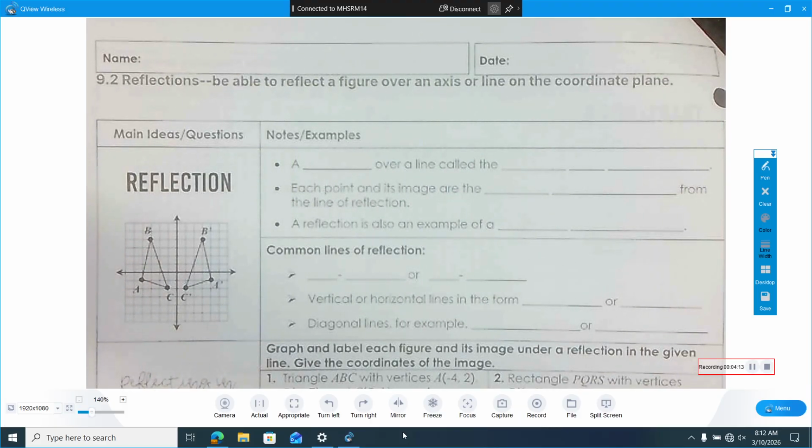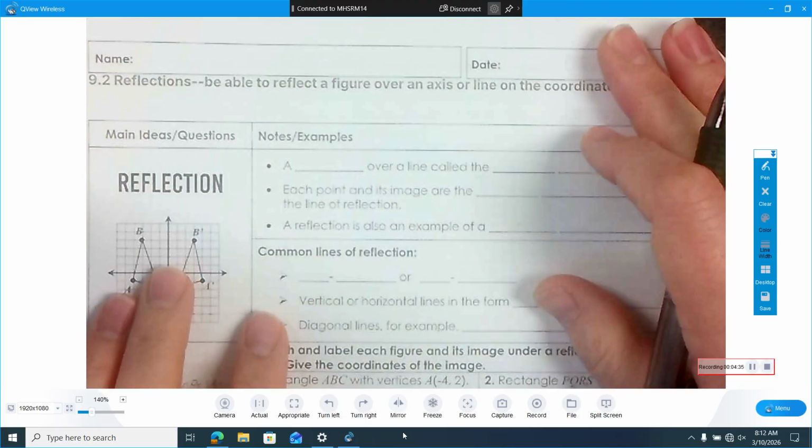Rigid means the shape that we start with is the same as the shape that we end with, okay? They start one size, they end the exact same size. There's nothing different about the shape, okay? All we're doing is maybe sliding it right and down, or maybe reflecting it across an axis, like a mirror, okay? So I can reflect things horizontally and vertically, and that's what we're talking about today.